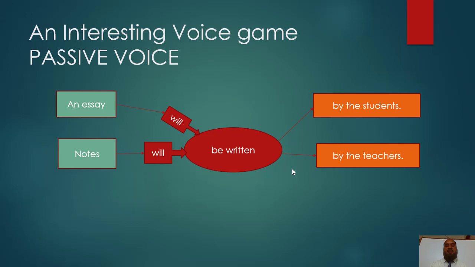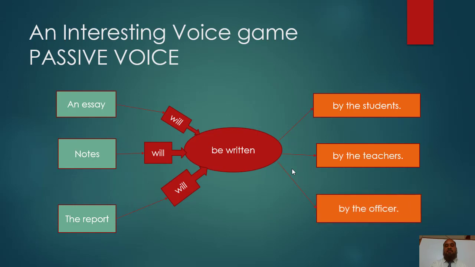Another new sentence using the same verb is the report will be written by the officer. By playing such interesting games, you can learn to make active and passive voice creatively.